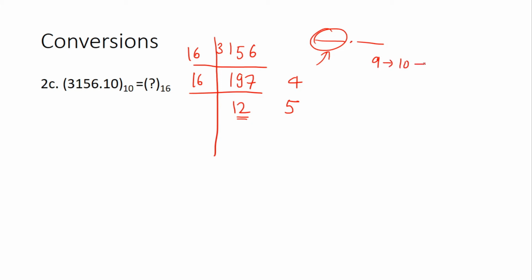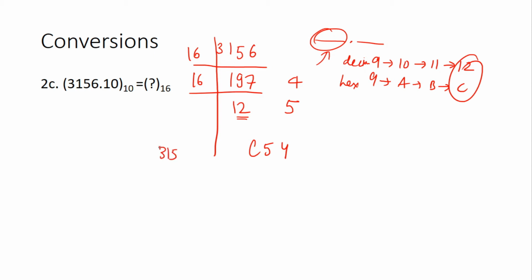So after 9 come 10, 11, 12 in decimal, and in hexadecimal we have A, B and C. So 12 is C. So C54. So 3156 in base 10 is equal to C54 in hexadecimal, right?